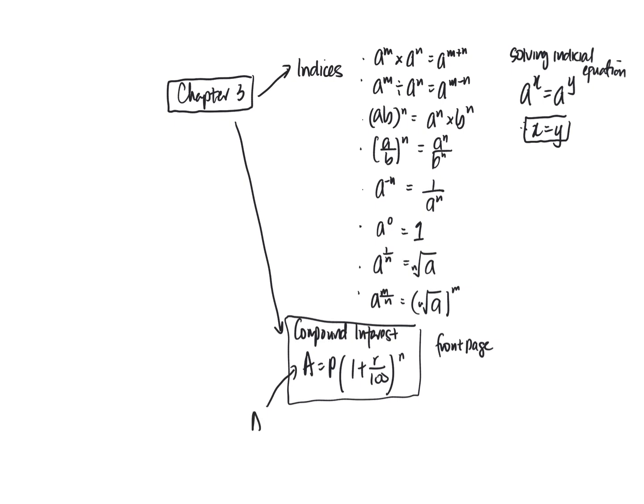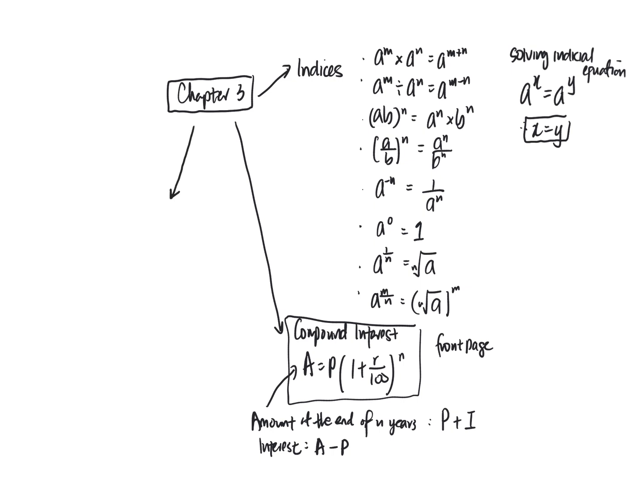A means amount at the end of n years. So it always includes your principal plus the interest. So if I want you to find the interest, you just have to use your A to subtract the principal amount. So this is the other thing that is important in chapter 3.